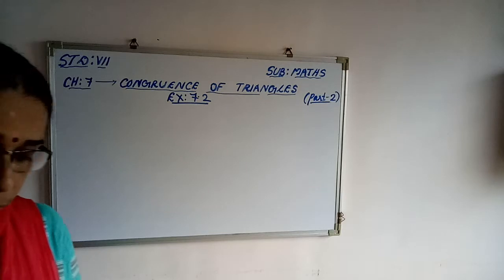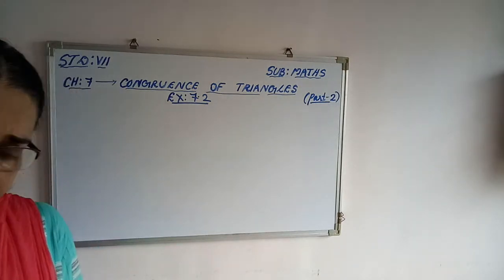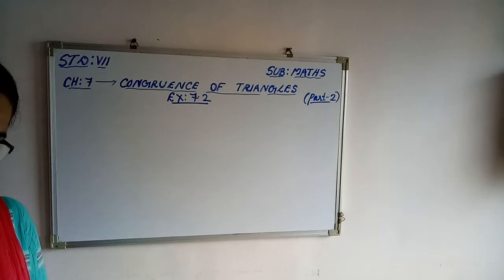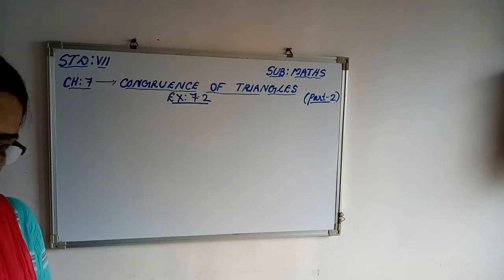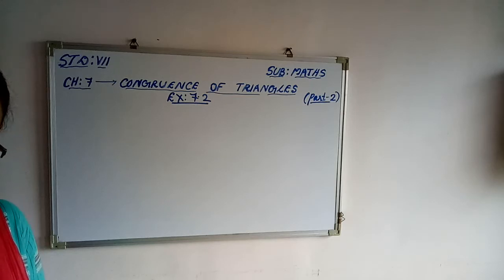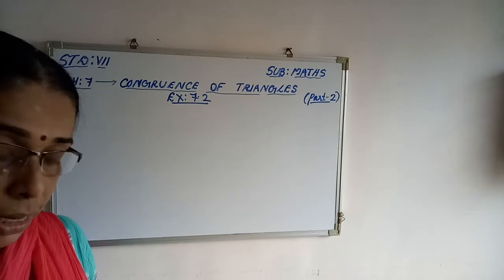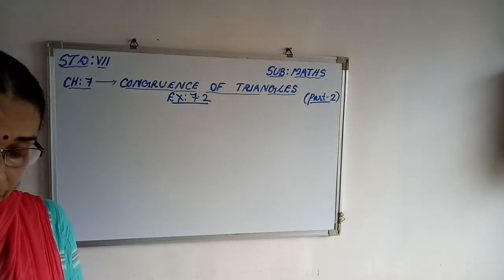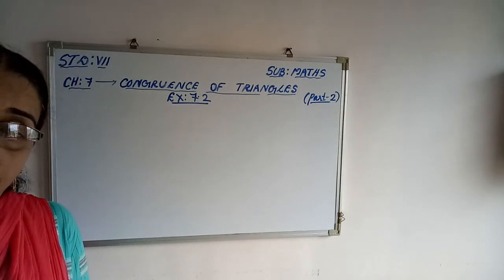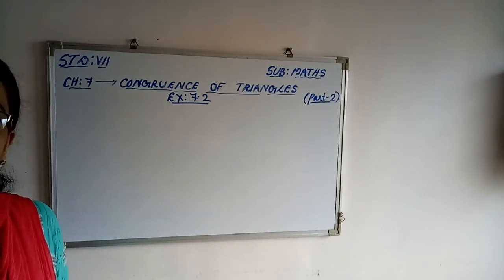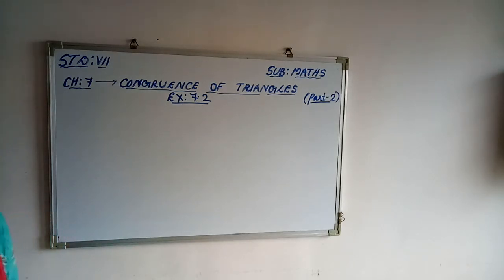Now the third one, see. In the third one, there are 2 triangles given, LMN and FGH. It is given in the question, angle MLN is equal to angle FGH and angle NML is equal to angle GFH. And the included side is equal. So which criterion then? 2 angles and the included side, it is the ASA criterion.